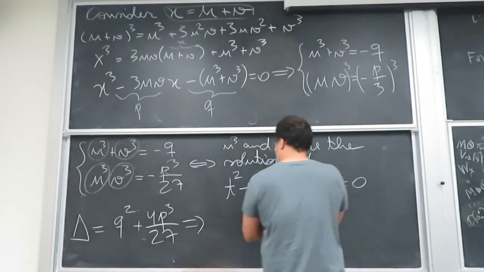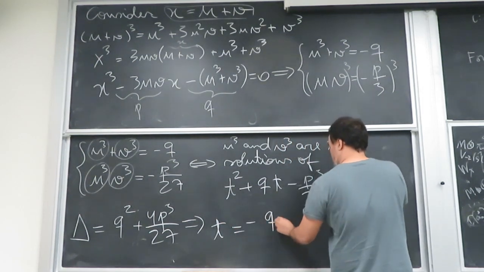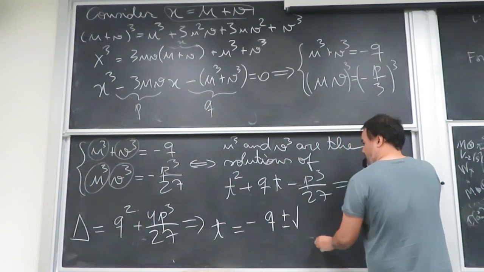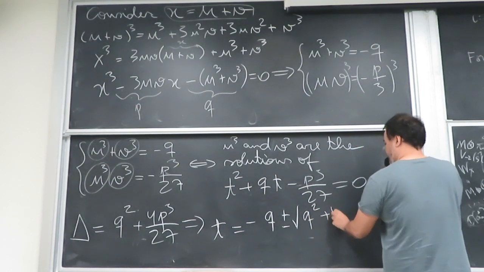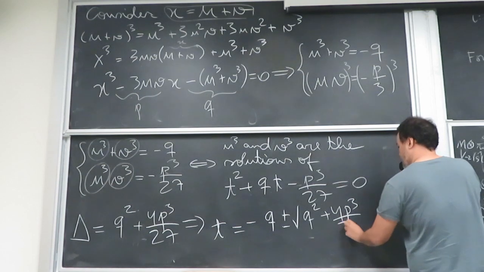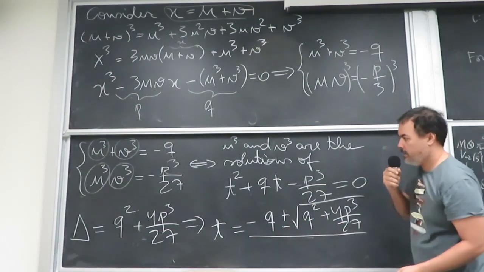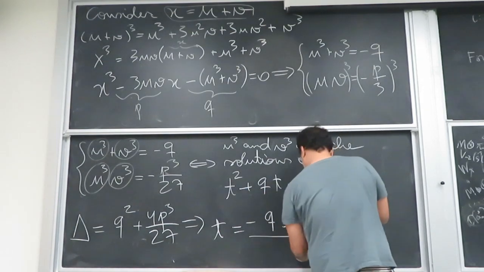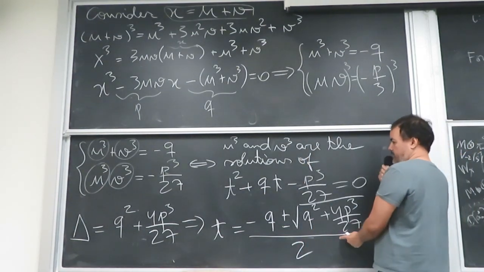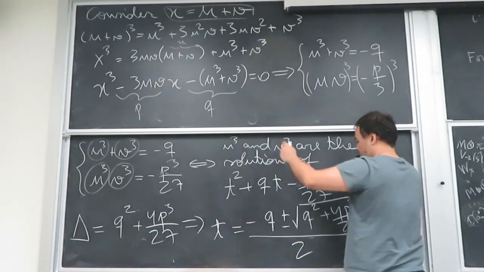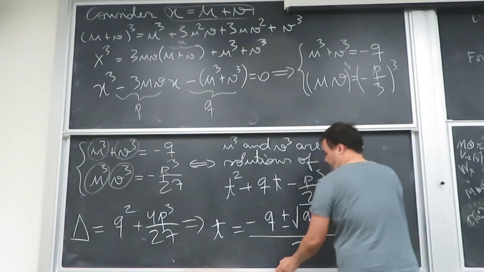That makes the general solution minus q plus or minus the square root of q squared plus 4p cubed over 27, over 2, right? So one of these is u cubed, and the other one is v cubed.